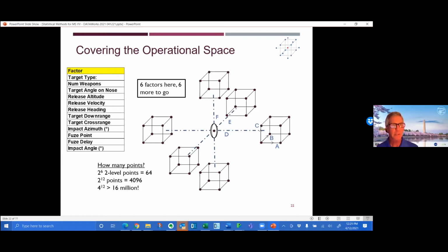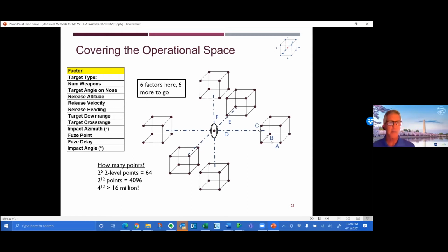What we're attempting to show you here on the right-hand side is dimension reduction first, from 12 down to just 6 factors. So take any 6 of those, label them A, B, C, D, E, F, and then across that 6-dimensional space, we're going to look at 2 levels of each factor. Now, if we look at all those combinations, that's 64 points.